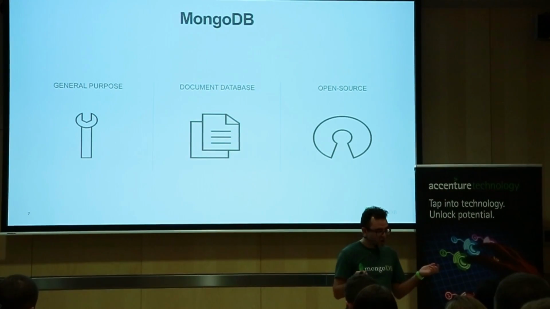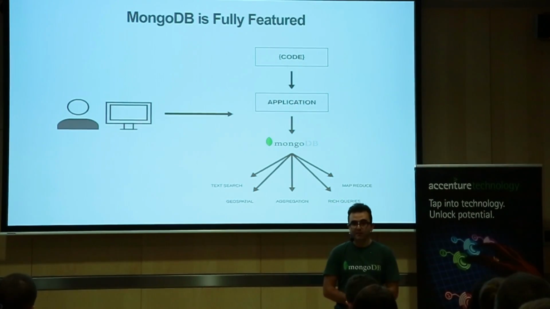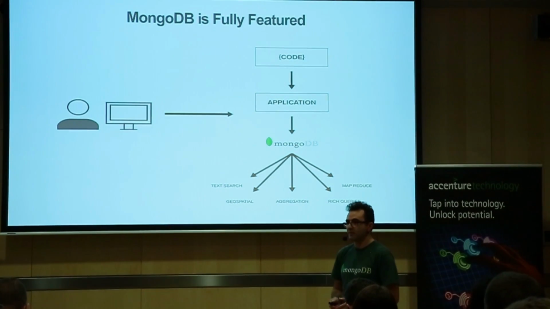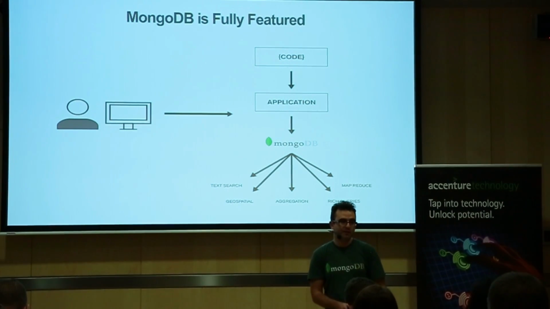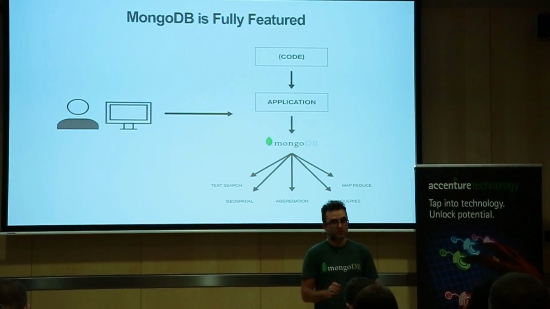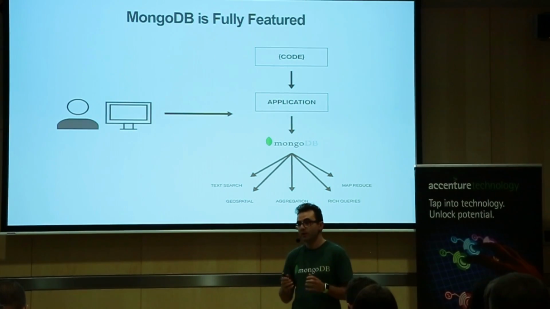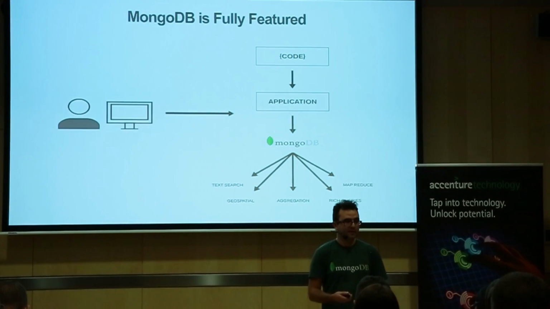The idea behind MongoDB is to give you a full-featured database. We are not interested in being good for just one particular niche kind of use case. We want to make sure that you as a developer can build whatever you want, whenever you want, with the tools that you know, for any kind of use case at any time.